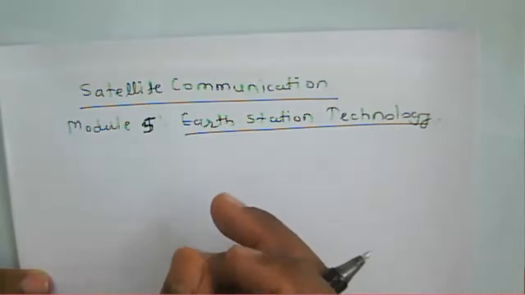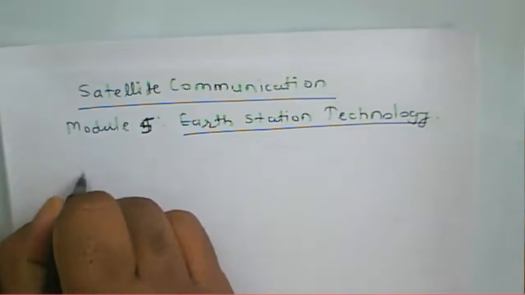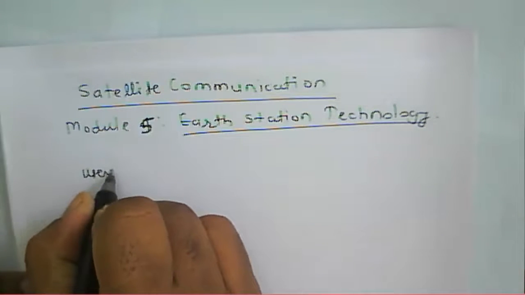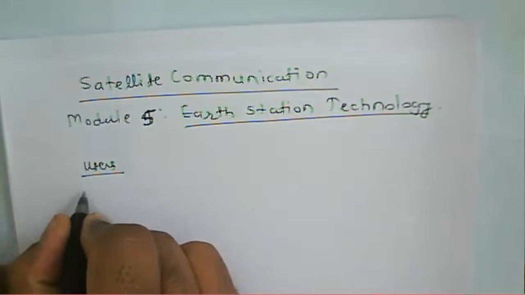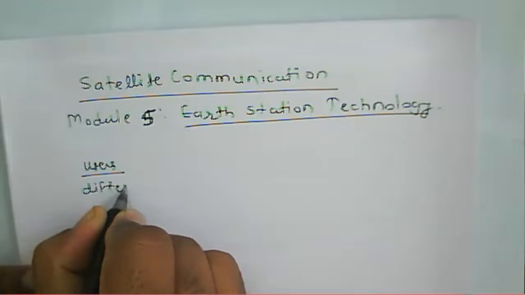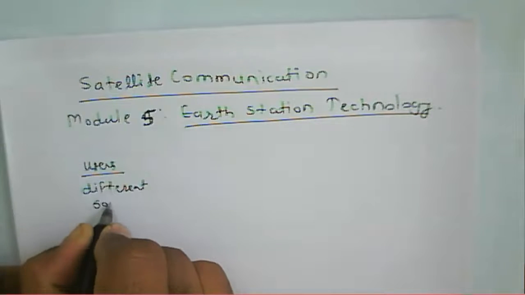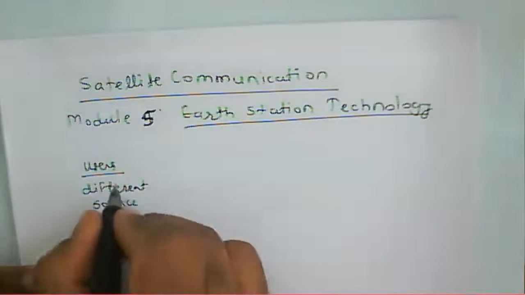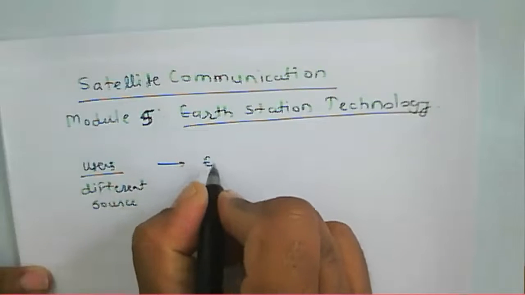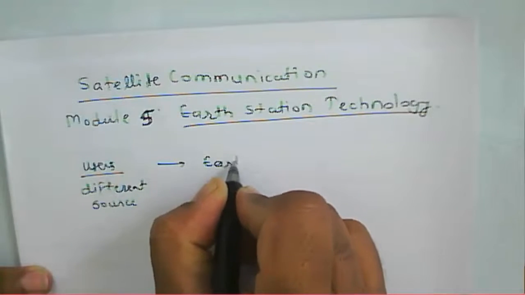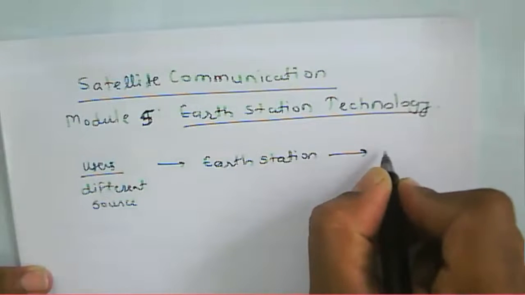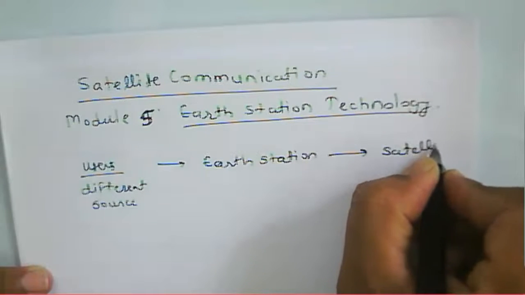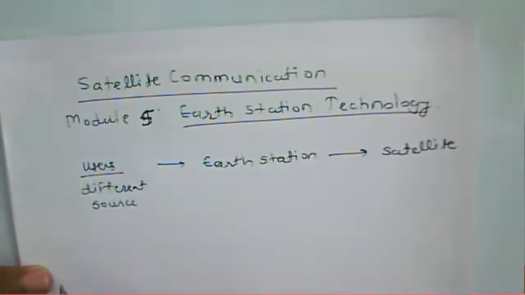That is the process of transmission of signal from the users, the multiple users. Multiple users means different sources. You can say different source inputs will be the input to the Earth station, and then the Earth station transmits the signal to the satellite. That is the process.